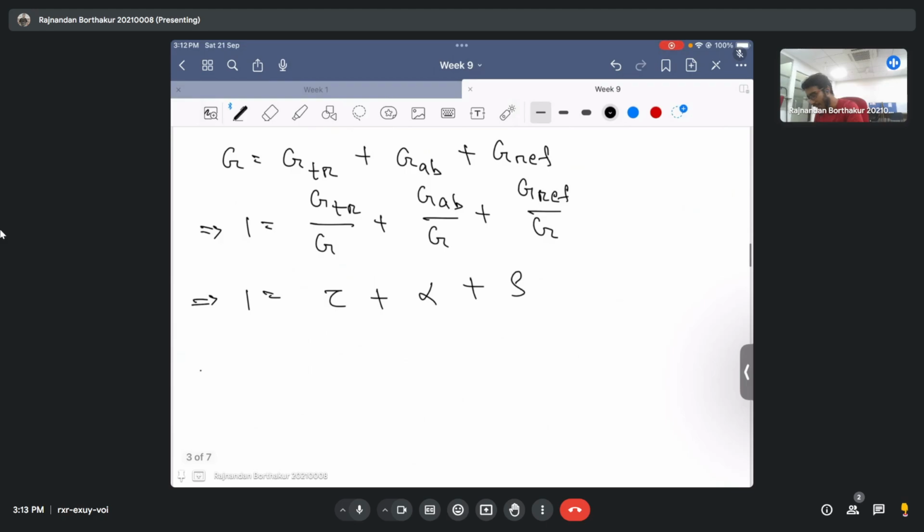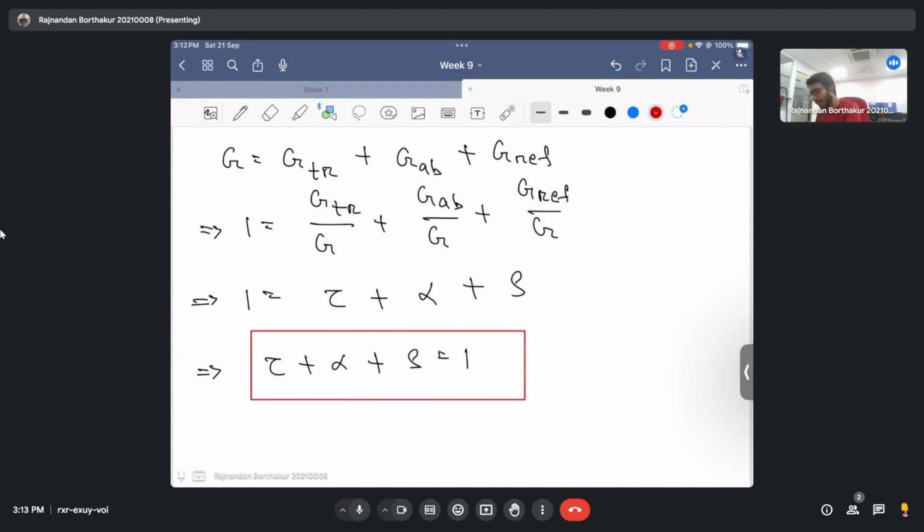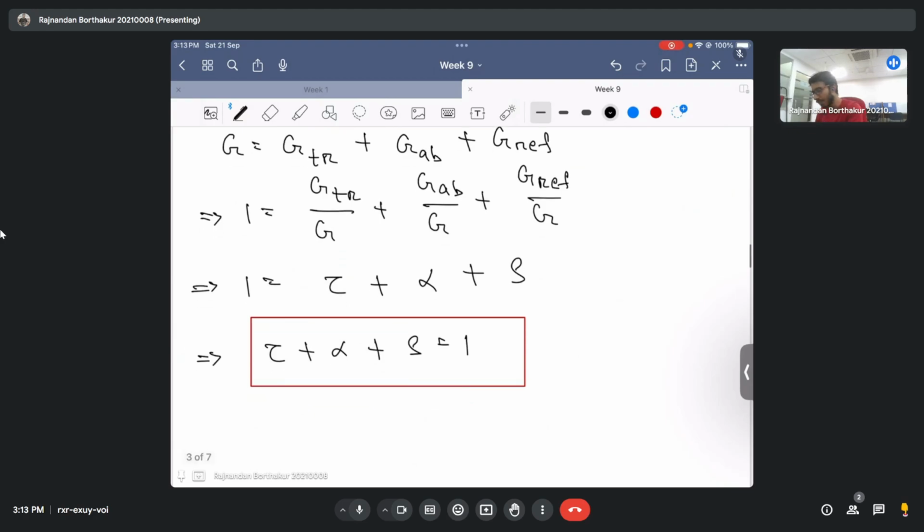Okay, so this is a very famous equation, that tau plus alpha plus rho is basically equal to 1. So this is something that you need to realize. I hope you have already seen this in the lecture classes, but this is just a recapitulation before doing the sums. So the first thing is that the transmittivity plus the reflectivity, that is rho, plus the absorptivity is equal to 1.